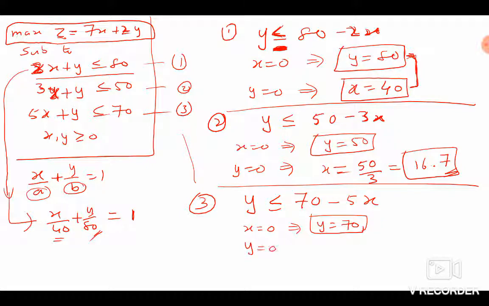When y is 0, you will get negative 70 divided by negative 5. So x is 70 over 5, you will get 14. So x is equal to 14 is the x-intercept. Y is 70.